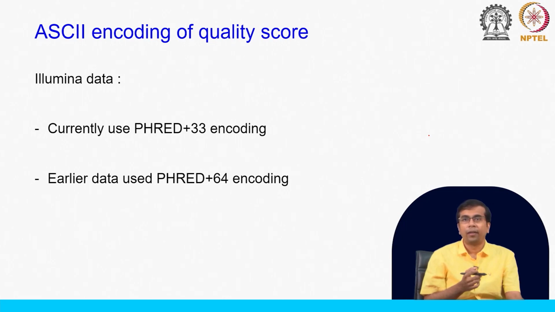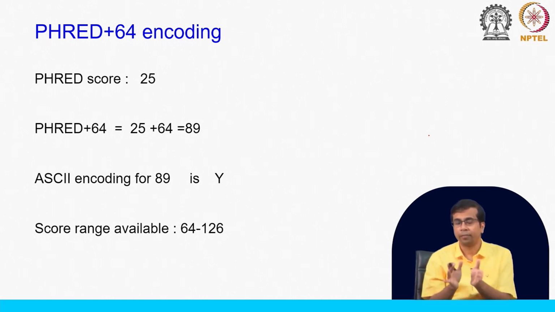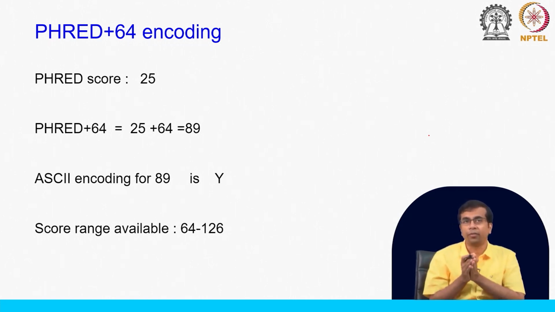Okay. Earlier Illumina used Phred plus 64 encoding. So, in that case the range was different, right. So, if you take the same example of Phred score of 25 in Phred plus 64 encoding, you will get 25 plus 64, right.